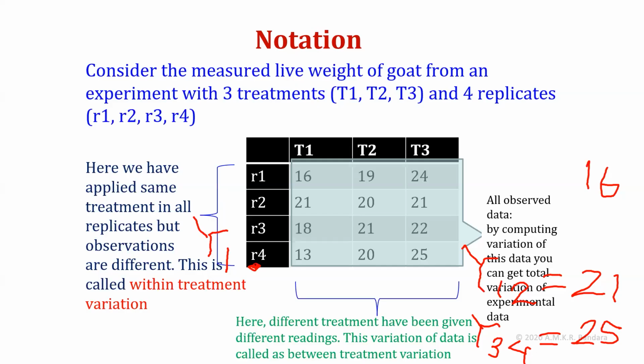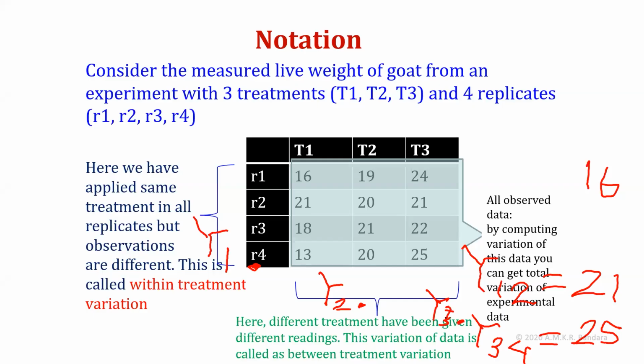The dot indicates the total and 1 indicates the first treatment. So Y1 dot means the first treatment total. Similarly, Y2 dot means the second treatment total, and Y3 dot means the third treatment total.